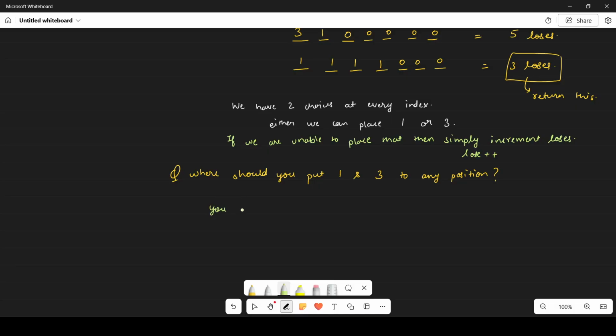You will only put 3 if and only if the remaining position is lesser than the remaining points. You will only put 3 if and only if the remaining position is lesser than the remaining points. Let's see this with an example.